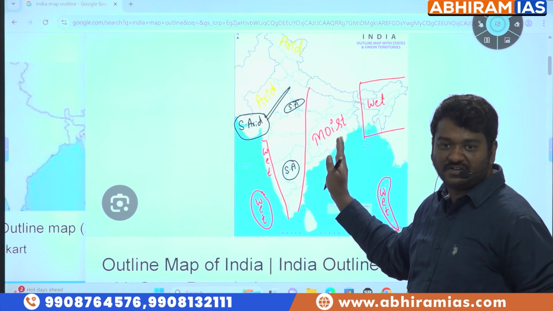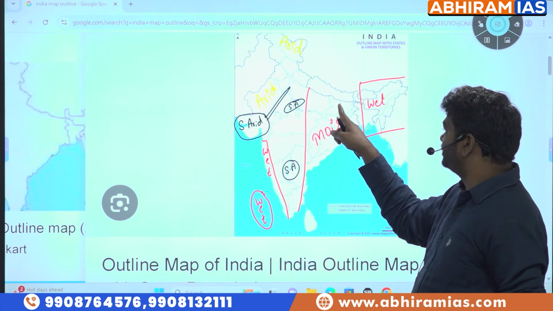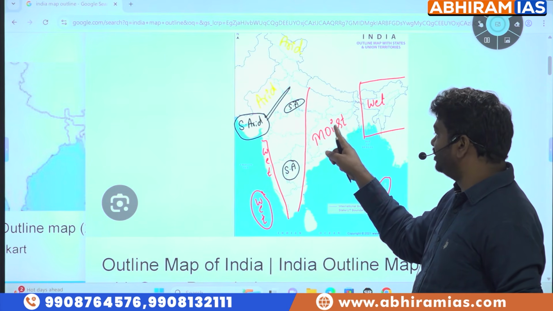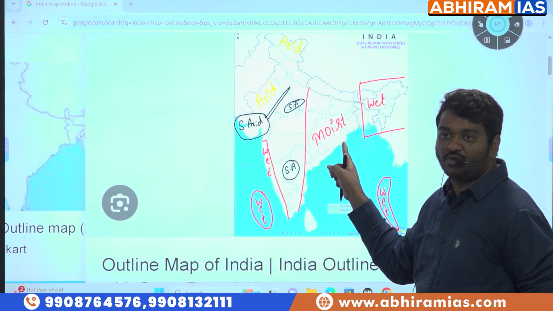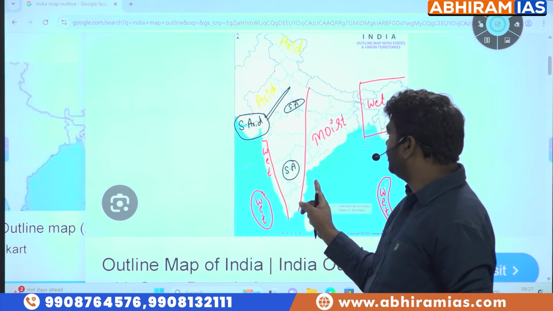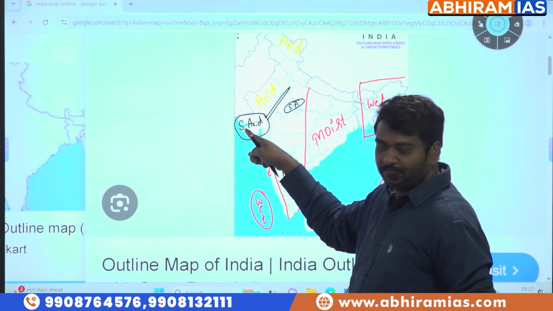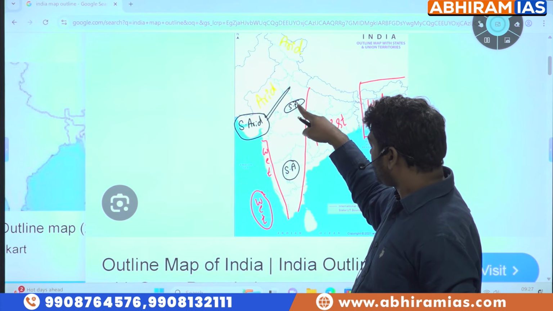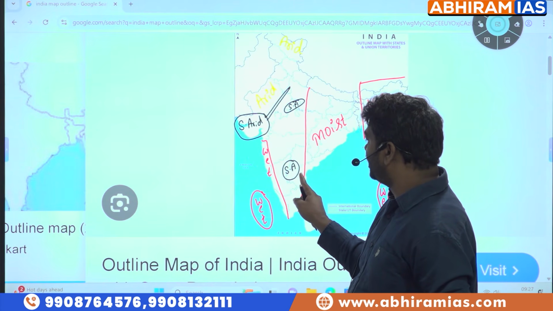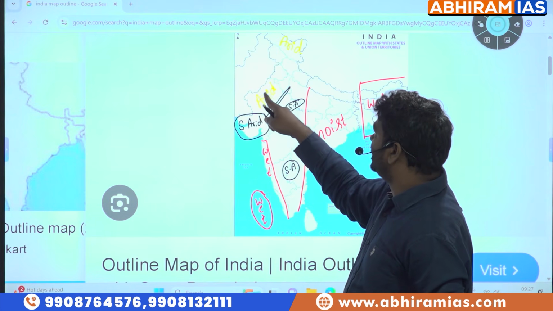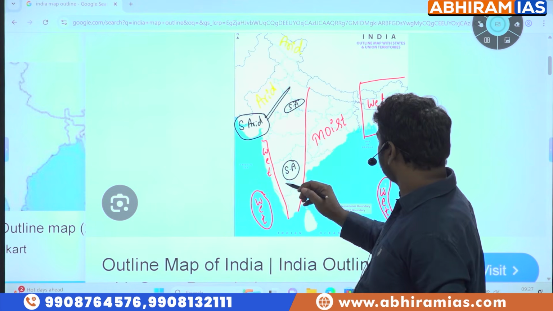What will come on the eastern side? Eastern Uttar Pradesh, Bihar, West Bengal, Jharkhand, Chhattisgarh, Odisha. Which coast? East coast. Now tell me what comes under semi-arid, 3 regions. Gujarat, Bundelkhand, parts of Andhra, Telangana, Karnataka. Arid is Rajasthan and Ladakh.